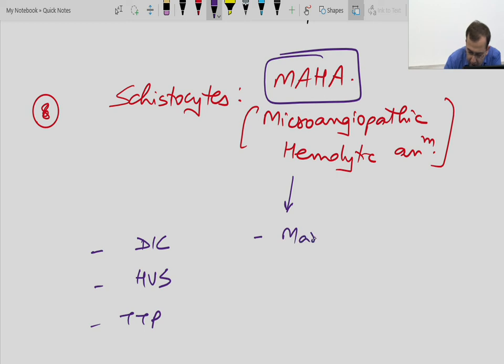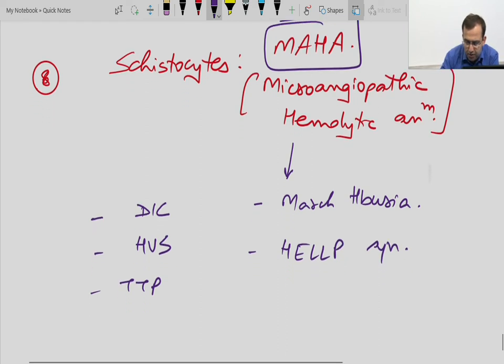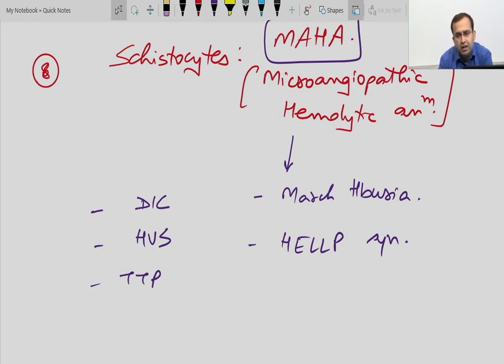Next, march hemoglobinuria. The soldiers, they march. HELP syndrome: hemolysis, elevated liver enzymes, low platelets, seen in pregnancy, hypertension with pregnancy, that is preeclampsia.